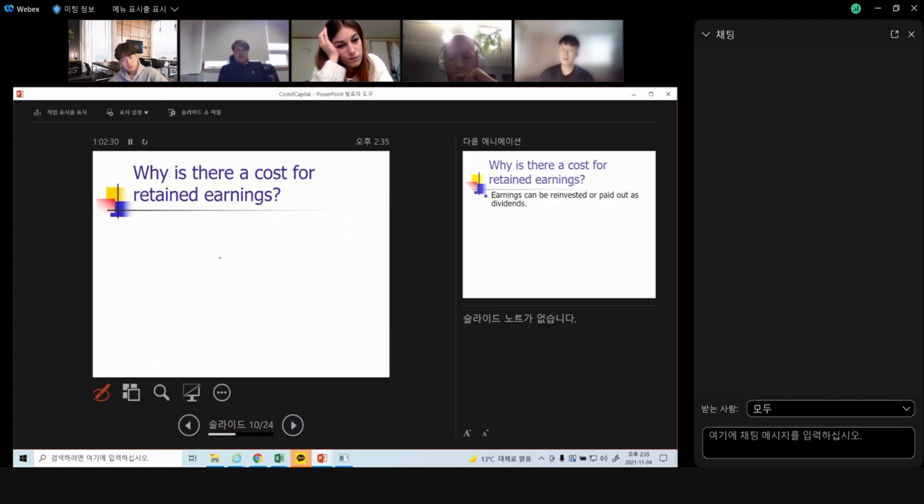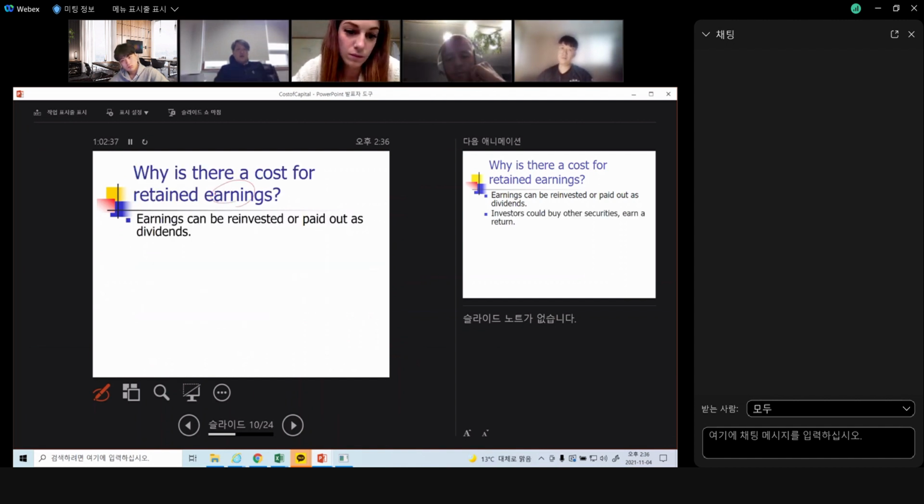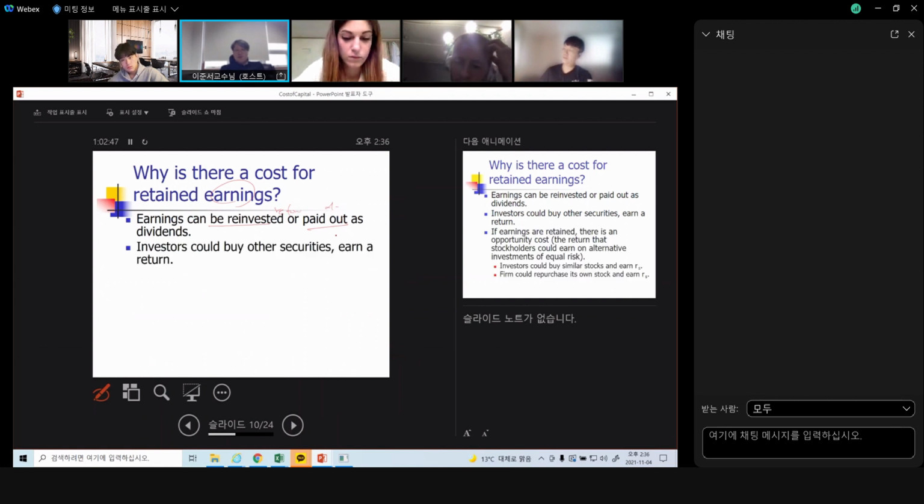So why is there a cost for retained earnings? Earnings can be reinvested or paid out. This is retained; this is a dividend, paid out as dividend. Investors could buy other securities and may earn a return, right?